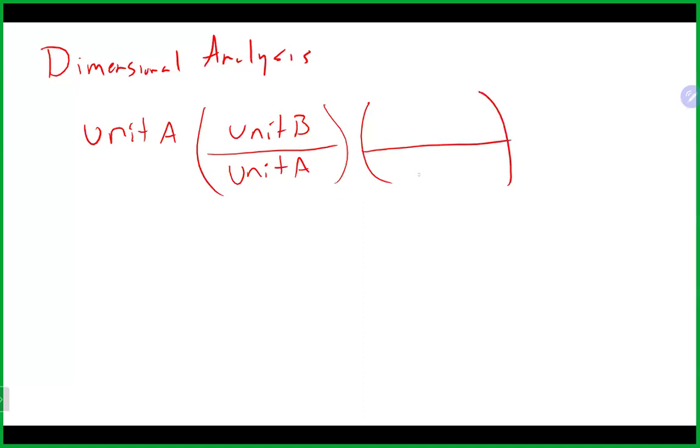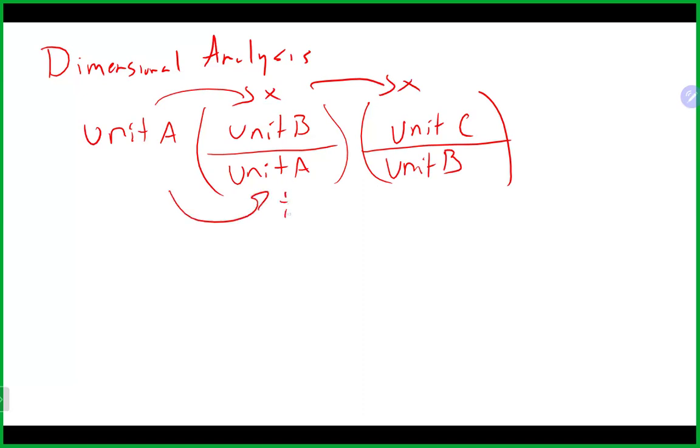You always want to put the unit you want to get rid of in the opposite location of what you want. When we set it up like this, all we're doing is multiplying on the top and dividing on the bottom, and that will get us what we need. These will cancel, and it'll leave us with unit C, for example.